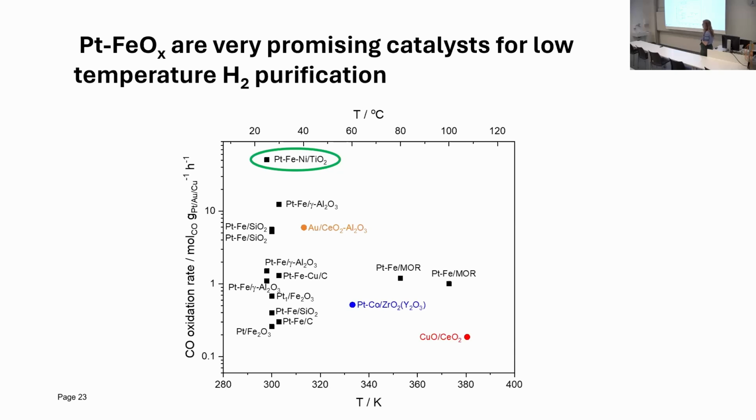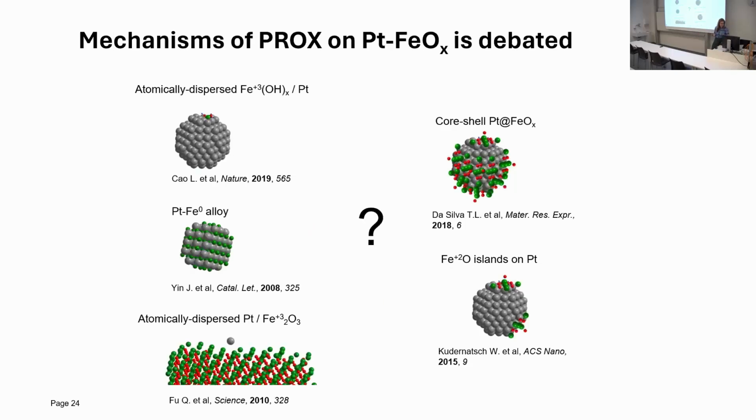Their activity differs by orders of magnitude. It is not clear why this happens, and it cannot be explained only by the size of the particles, because the majority of them contain very small nanoparticles. Due to this, it is not clear which mechanism is in place.